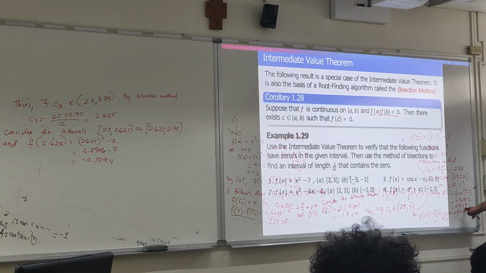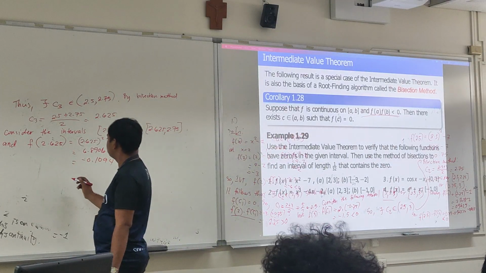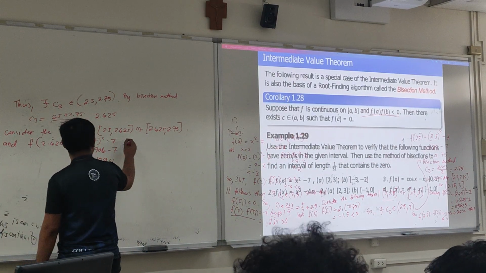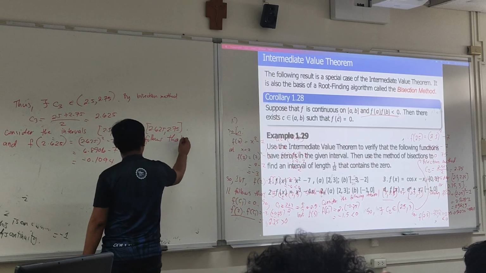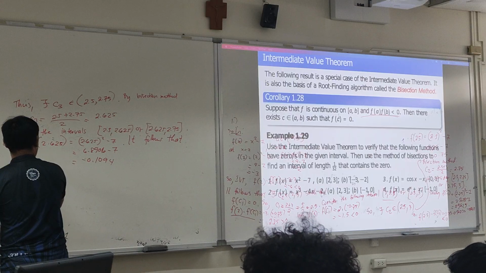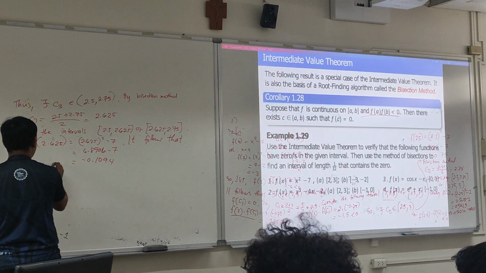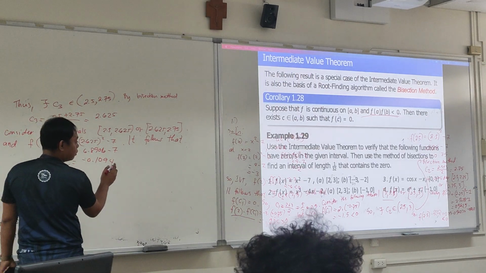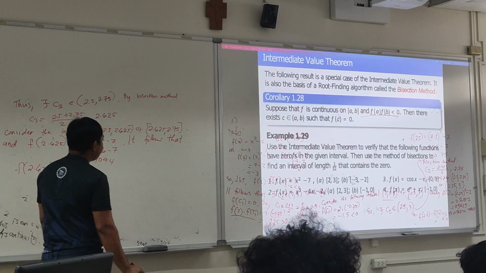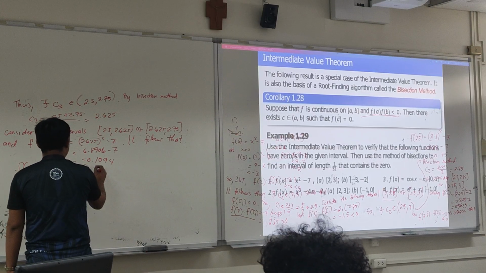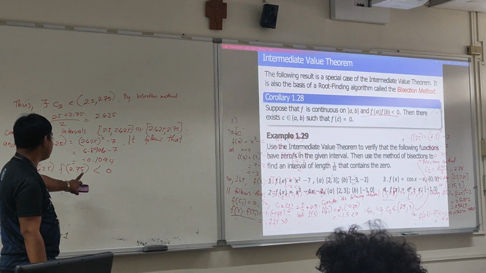So F of 2.625 times F of 2.75: this one is negative, this one is positive.